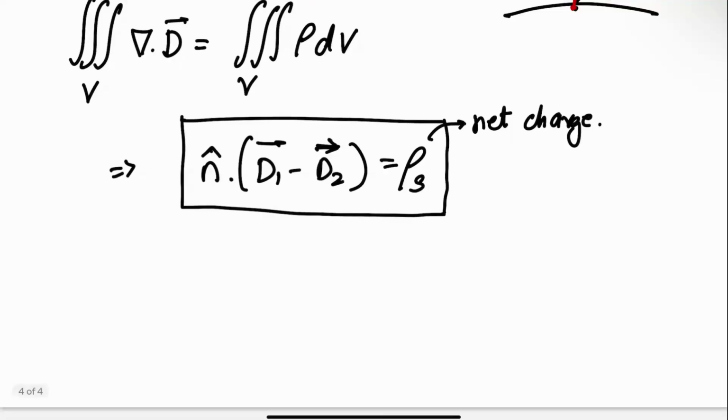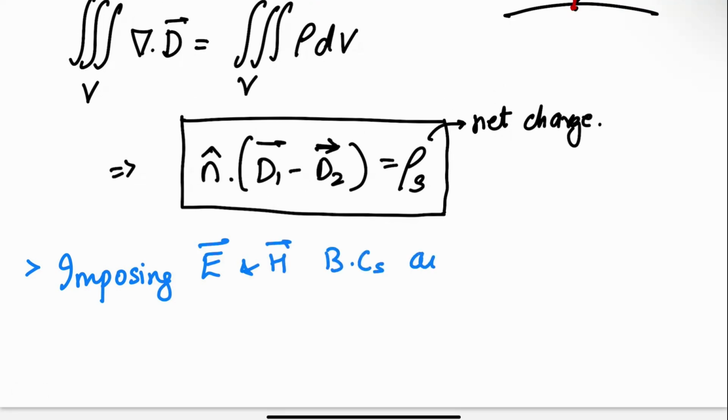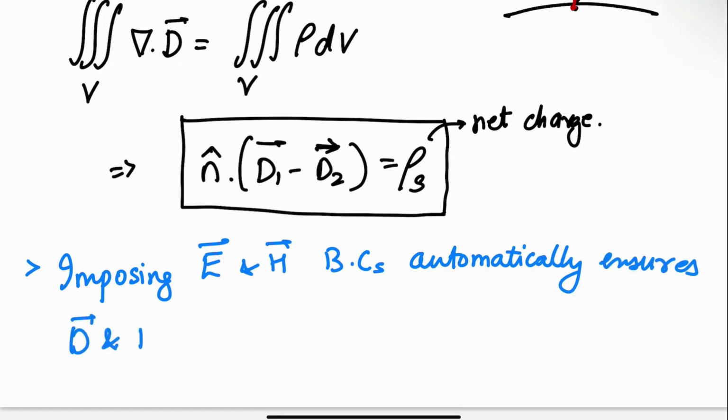Okay. So one thing I should mention is that imposing the E and H boundary conditions automatically ensures the D and B boundary conditions.